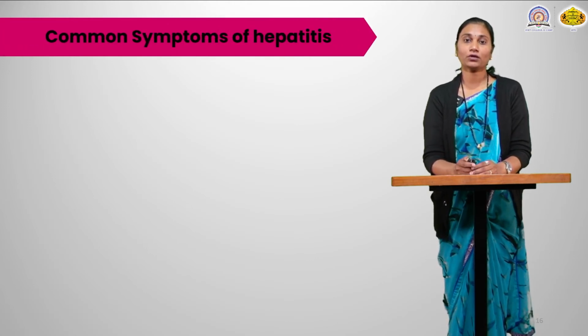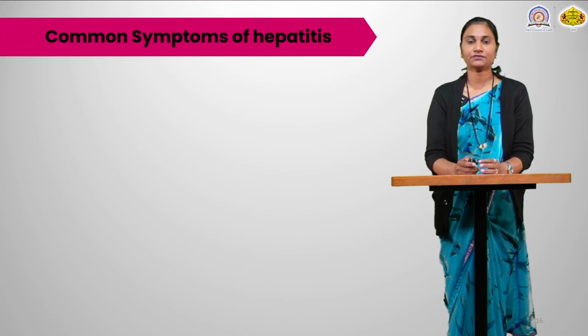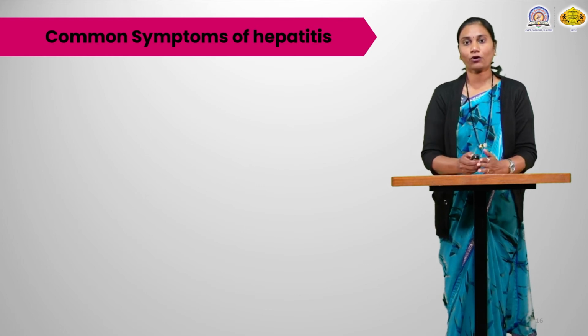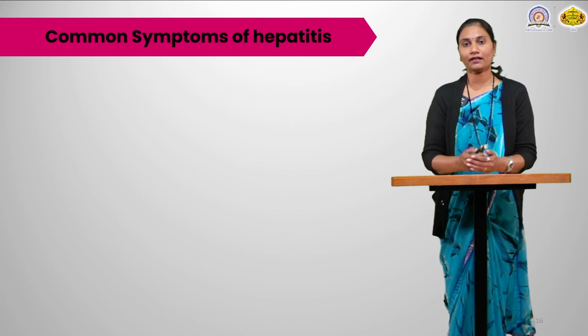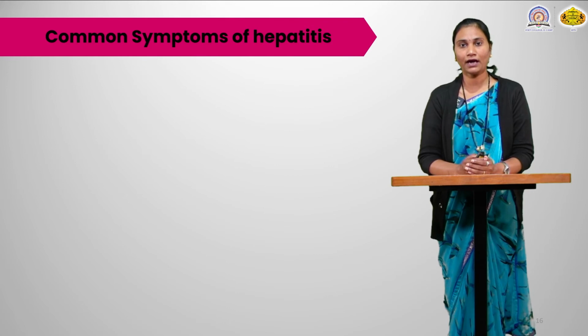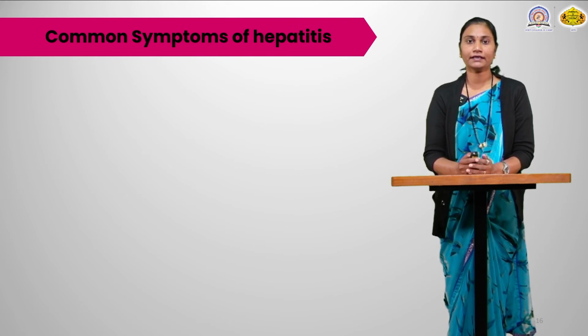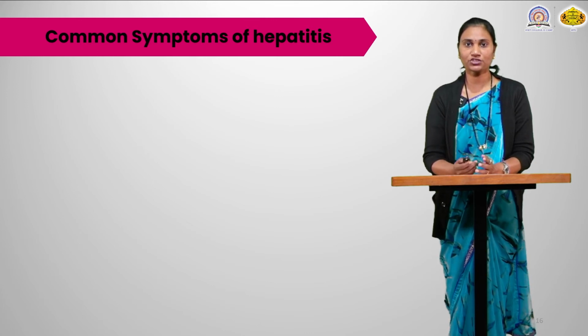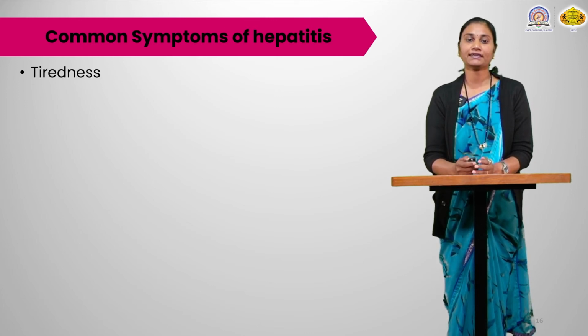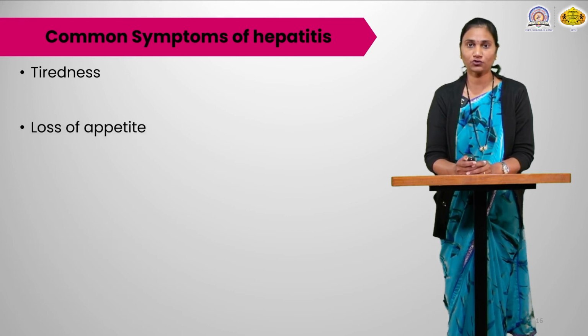Now, let's see what the common symptoms associated with hepatitis are. Hepatitis is actually the infection of the liver, and most of the time the symptoms are more or less similar in all hepatitis infections. The very first symptom is tiredness. The person feels tired, exhausted.